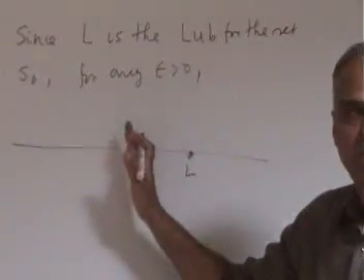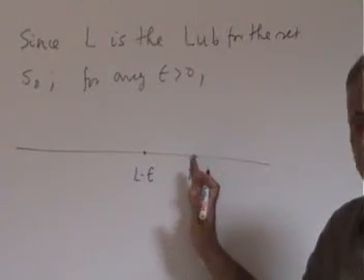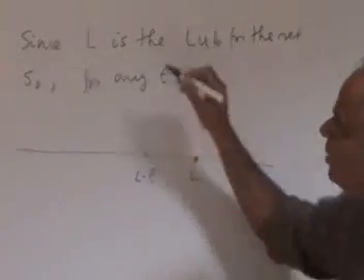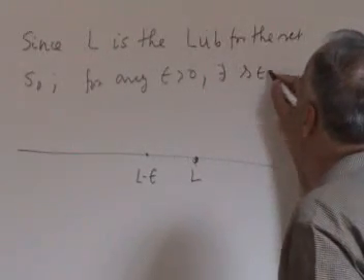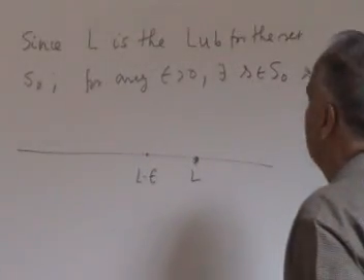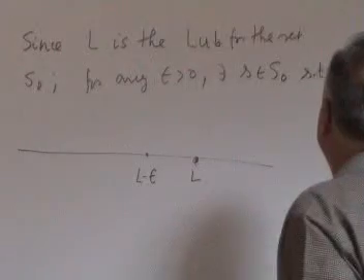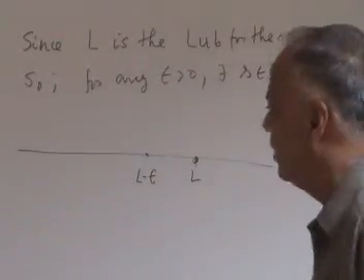This cannot be an upper bound, because L is the least upper bound. Therefore, there must be somebody from S naught sitting above it. There exists an s from S naught such that s is greater than L minus epsilon.